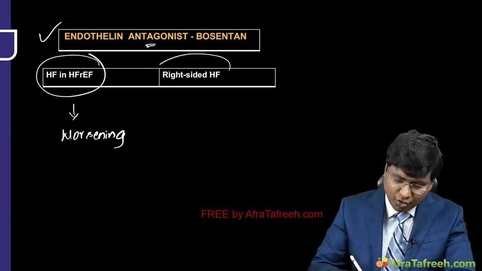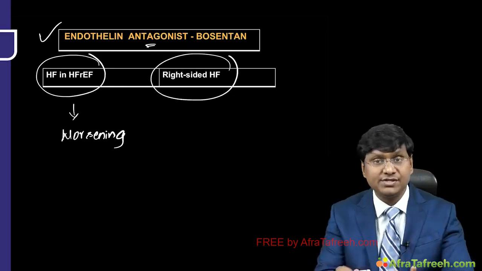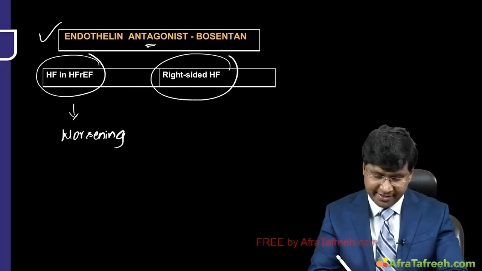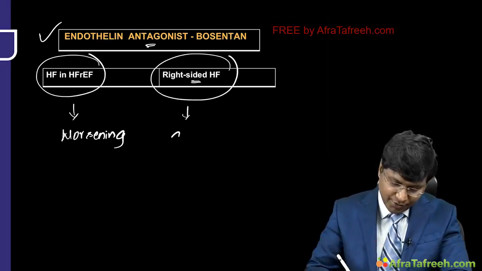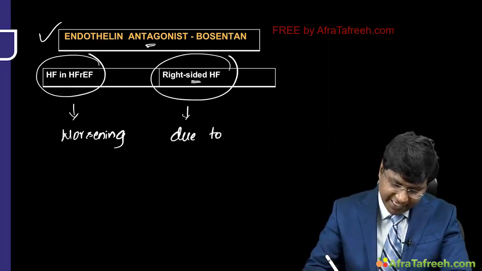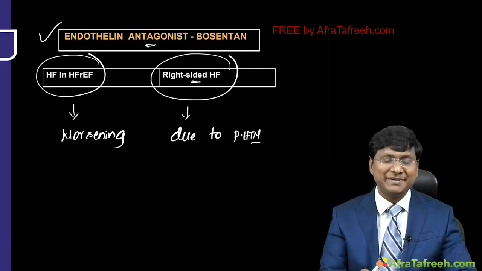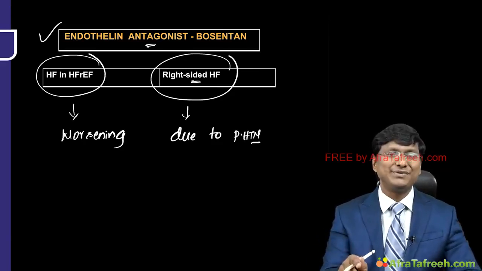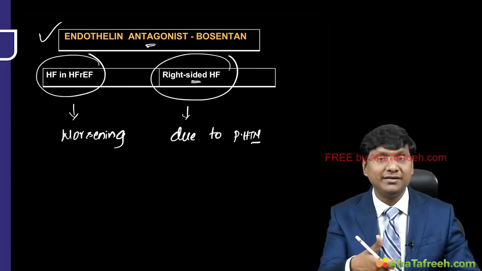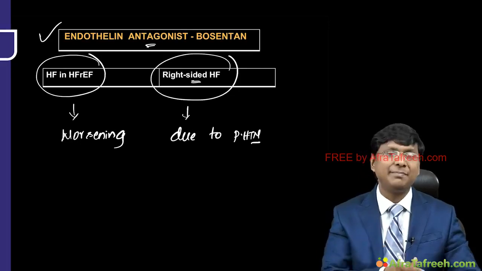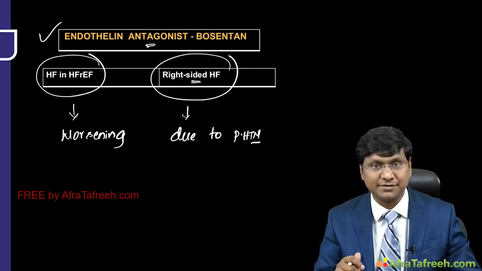But the group of individuals in which it has shown benefit is right-sided heart failure due to pulmonary hypertension. In that group, bosentan, the endothelin receptor antagonist, showed efficacy, but not in patients with heart failure with reduced ejection fraction.